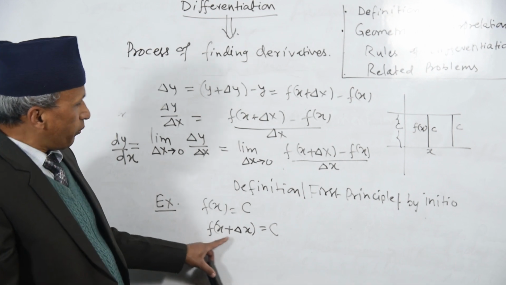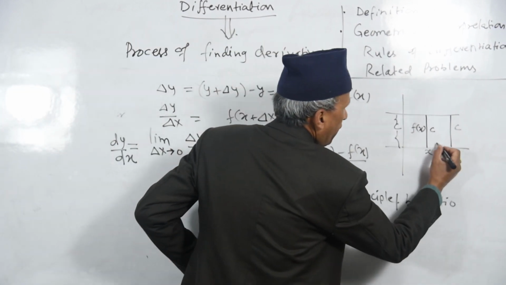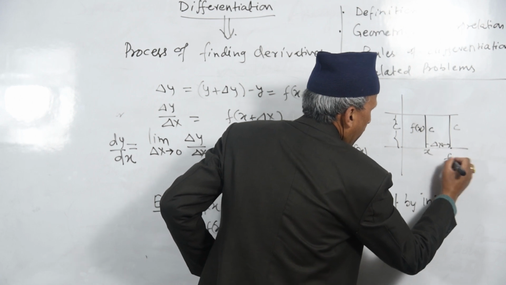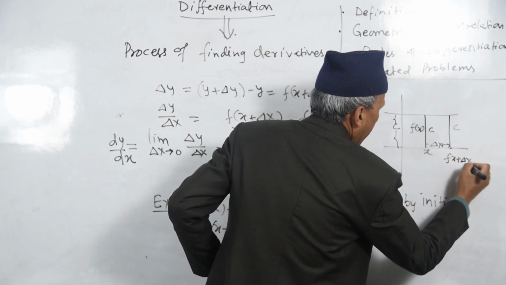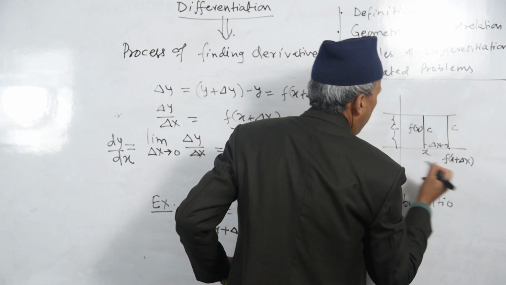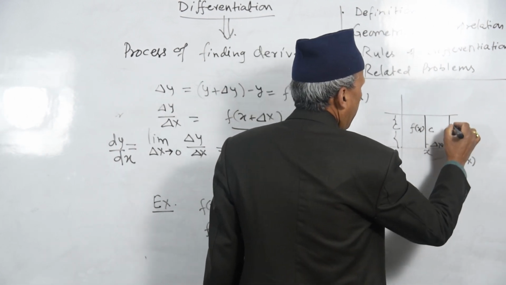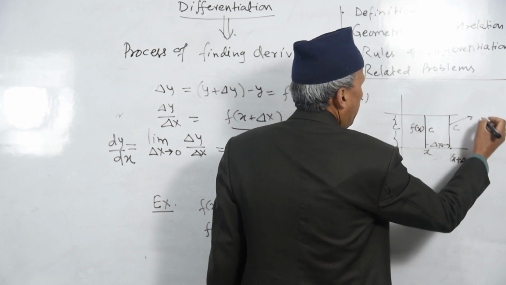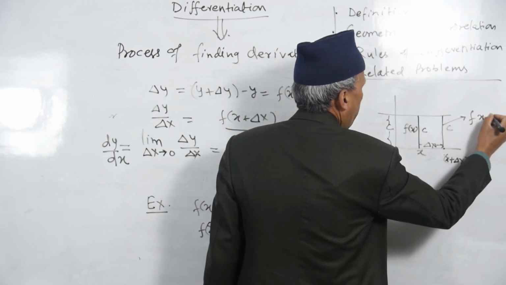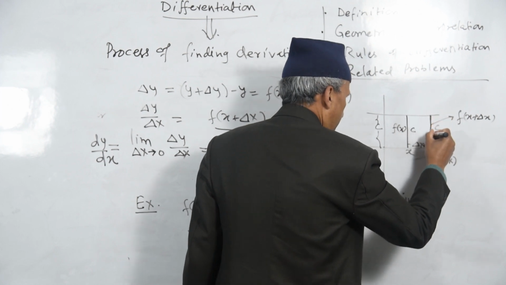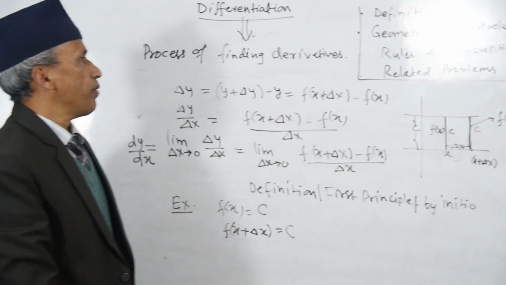So if you go for x plus delta x, suppose this is delta x, then this point is f of x plus delta x. Then x plus delta x. So this height is f of x plus delta x.